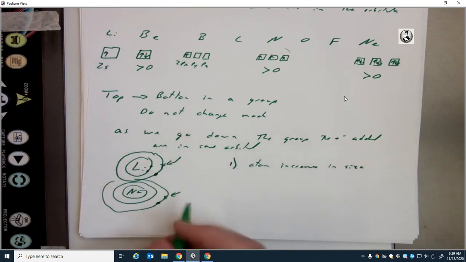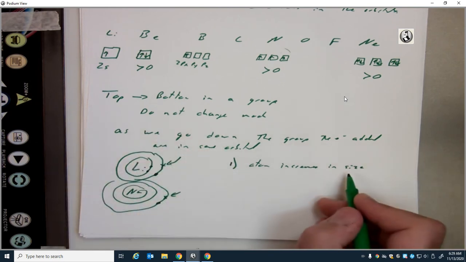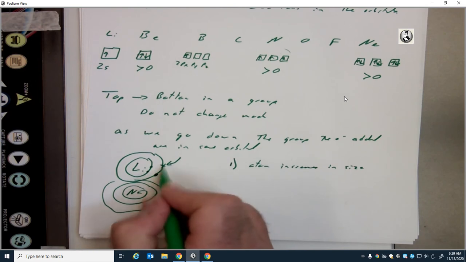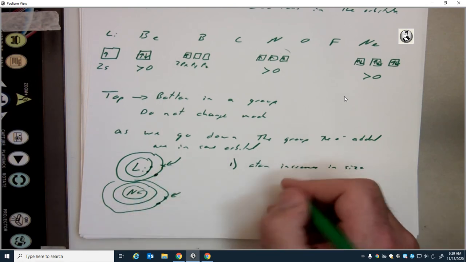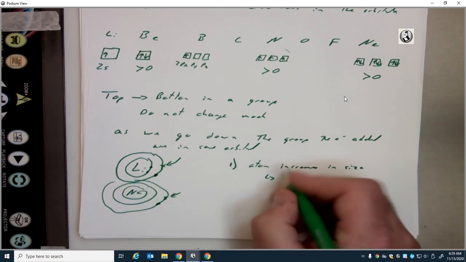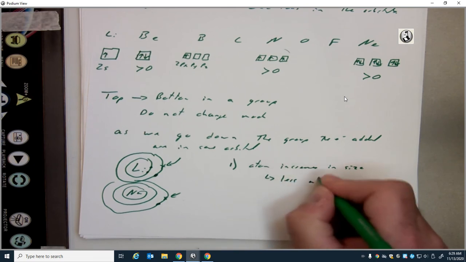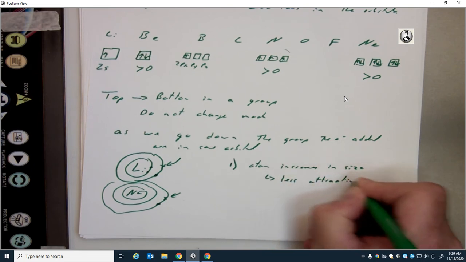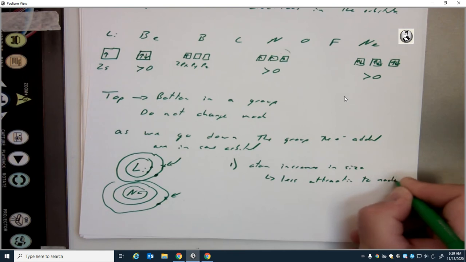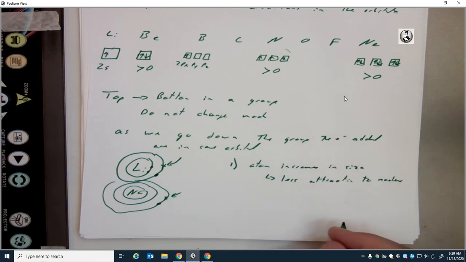So the atom increases in size. If that's true, that means these electrons are going to have less attraction to the nucleus, because it's further away.